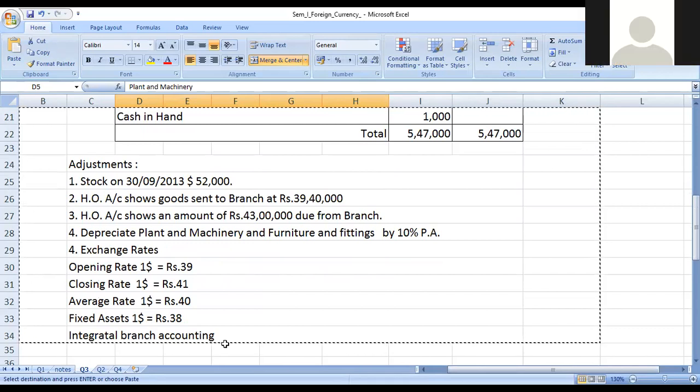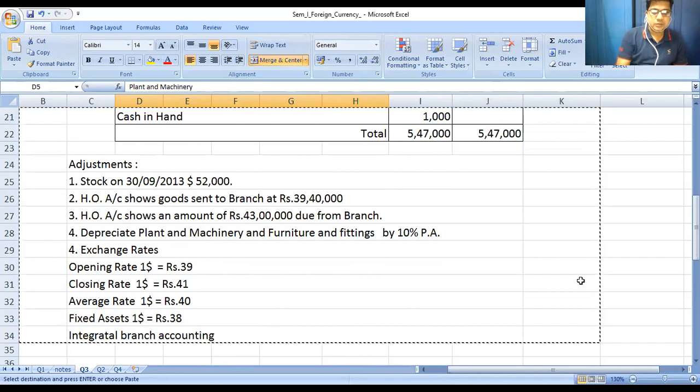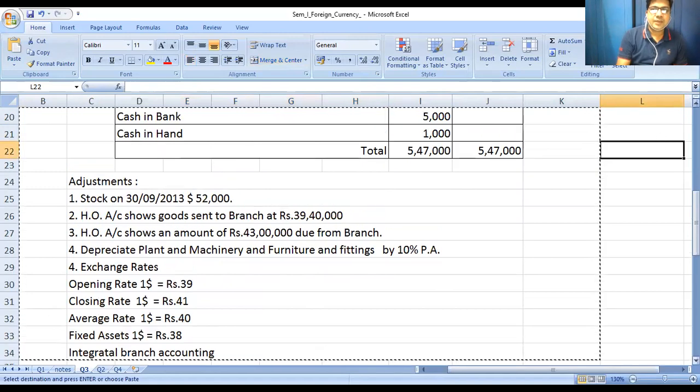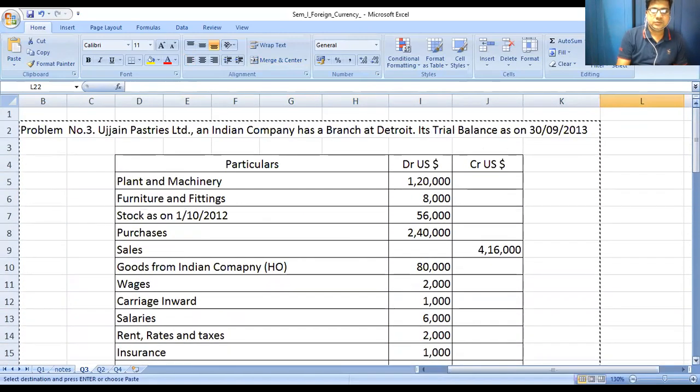Here you have to prepare the profit and loss account, then the balance sheet, and first of all you should prepare the converted trial balance.